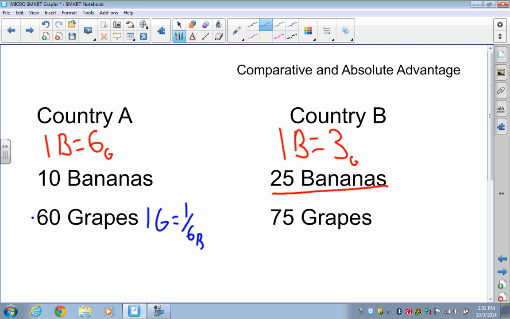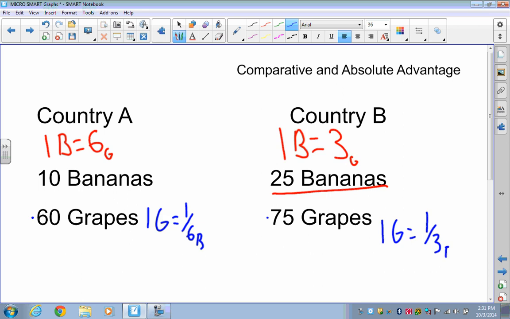All right, so 1/6 would be approximately 0.18, or 18.18%. What is the price of a grape in country B? 1/3 of a banana. You got it. 1 grape equals 1/3 of a banana. So that's 0.33, and this is 0.18 with change.